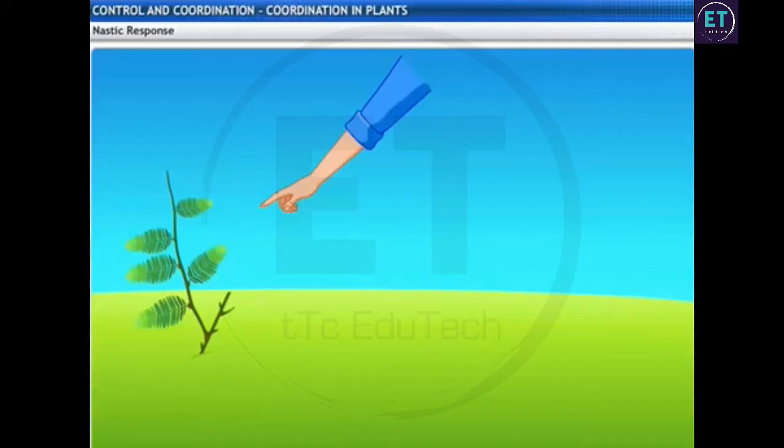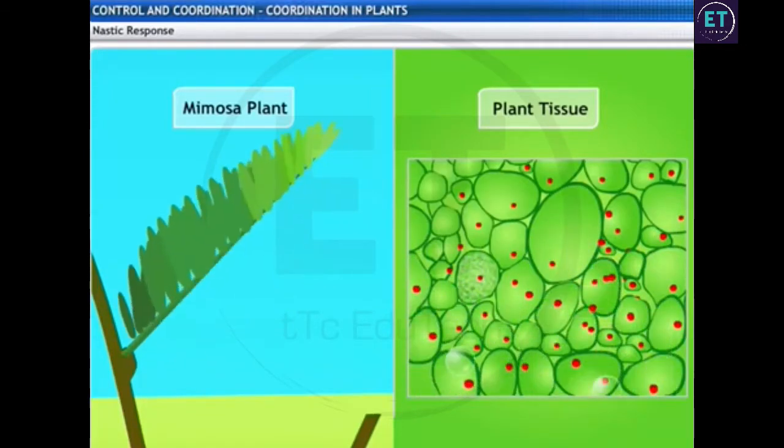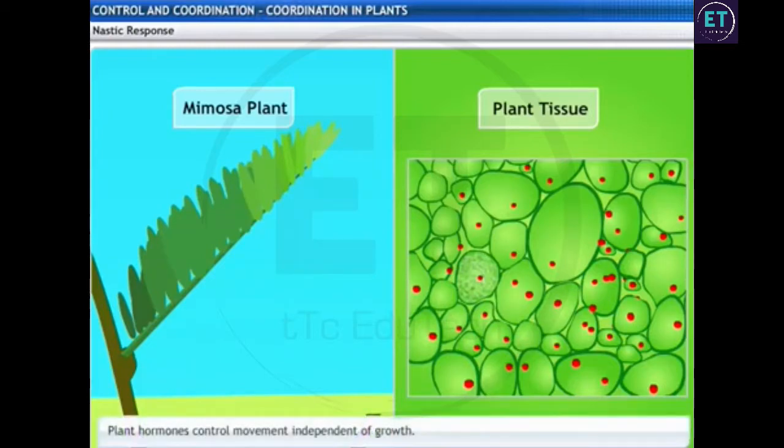That is why the point where a plant has been touched differs from the part that actually moves. Here is an example of the Mimosa plant where chemicals and movement of water in plant cells control the movement of leaves. This movement is independent of growth.